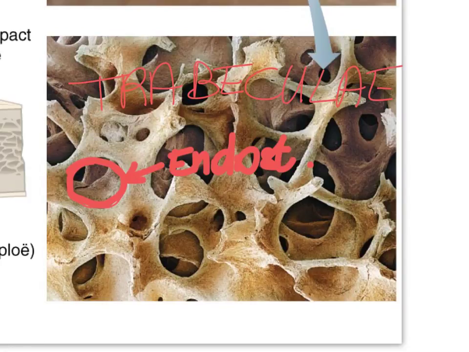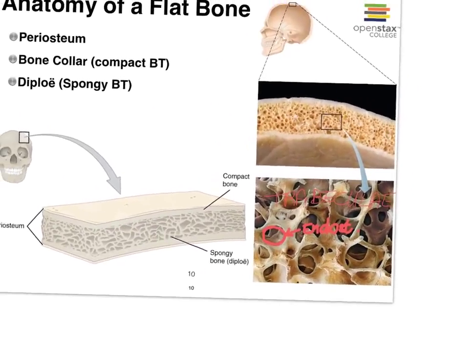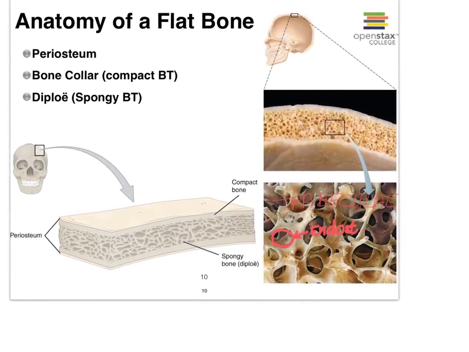It'll be written out for you on other slides. That's plural. So singular would be trabecula, all right? So all of these trabeculae are covered with the endosteum, or you could say the cavities are lined with the endosteum. Okay, let's go back to the original size of the picture so that we're not lost in where we are.